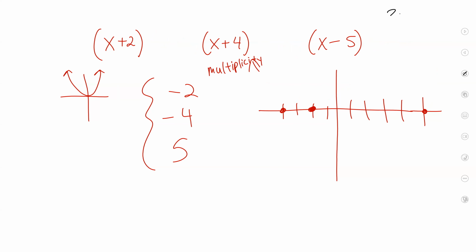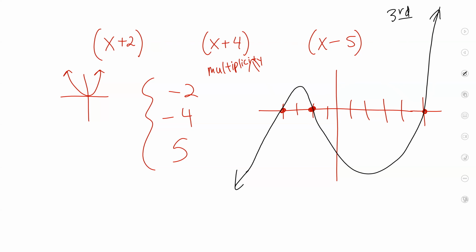Yep, it's a third degree because I have 3 factors. So it's going to look like this, right? So it'll go through here, through here, through there. Because it's multiplicity 1. When it's odd, it goes through the point, through the point. It goes through.